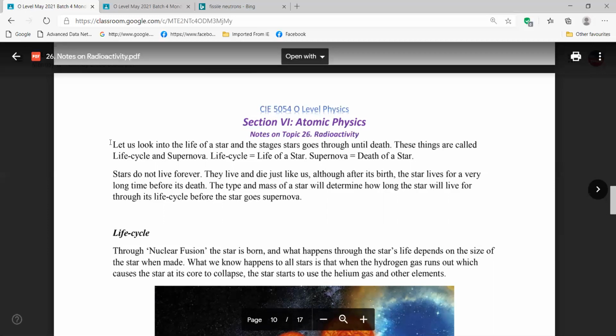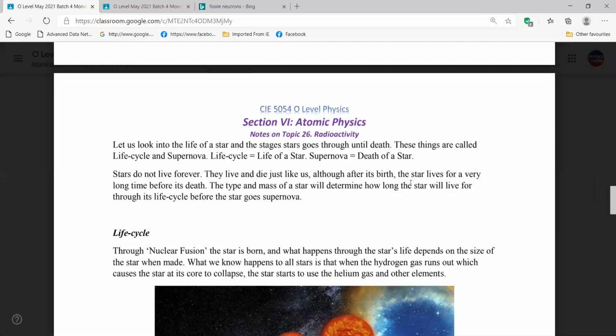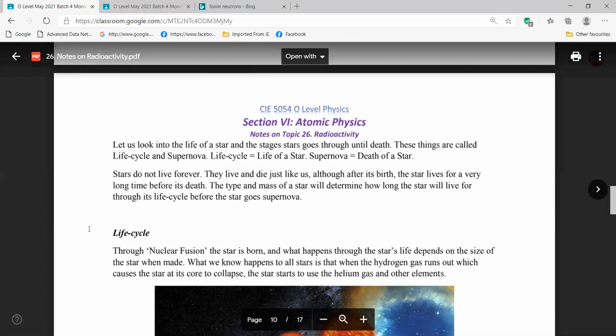So by supernova, by this explosion, that is the end of the star, right? Death of a star. So you got the idea that at the last stage of the star we have supernova, right?